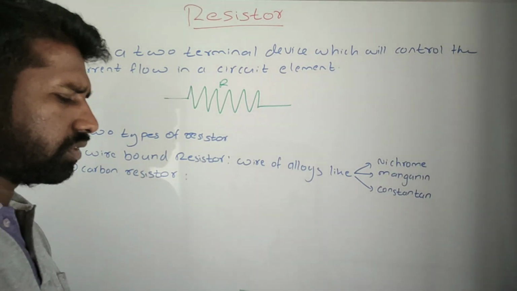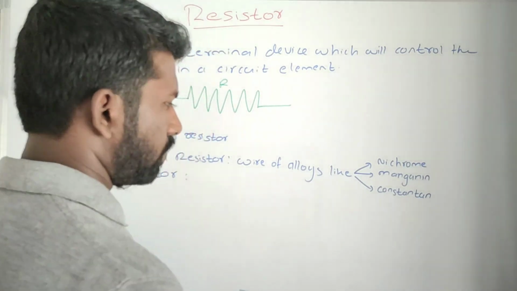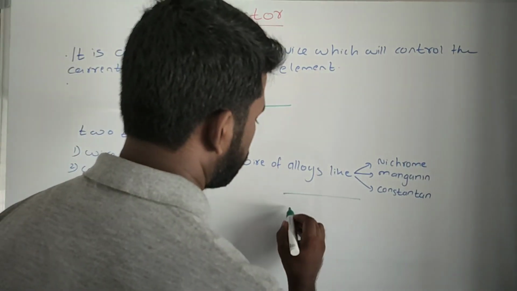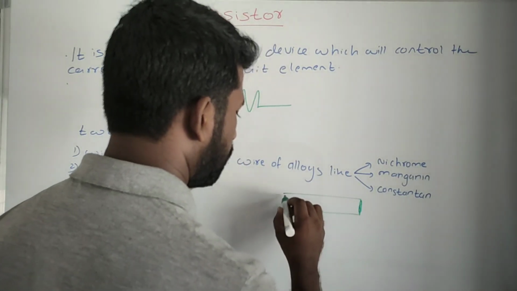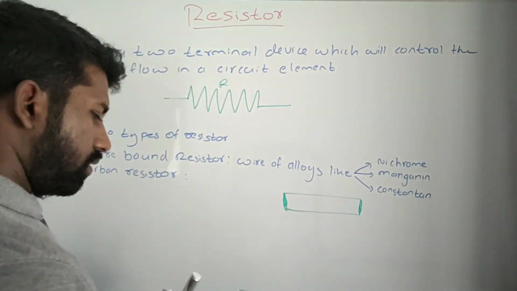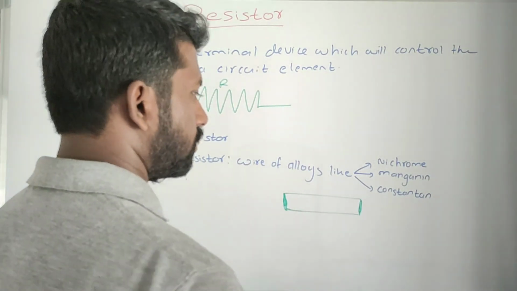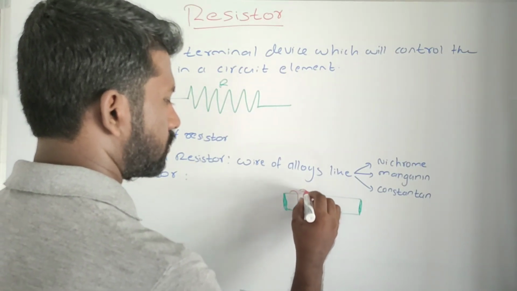Okay, so we can see it like this. We will consider an insulating material. This is an insulating cylinder. On this insulating cylinder, these wires of alloys are wound like this.